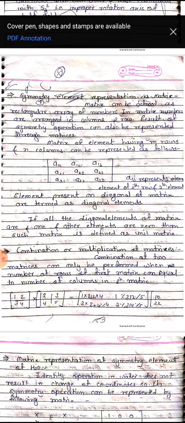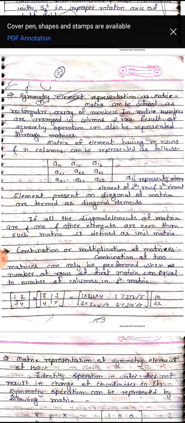What does it mean? In the given example, you can see that the first matrix is a 2 by 2 matrix. It means it has 2 rows and 2 columns. The second matrix is also a 2 by 2 matrix. It also has 2 columns and 2 rows.